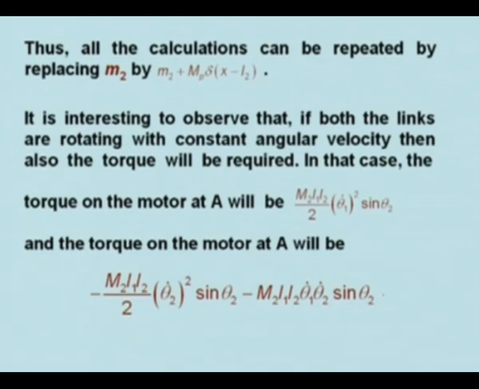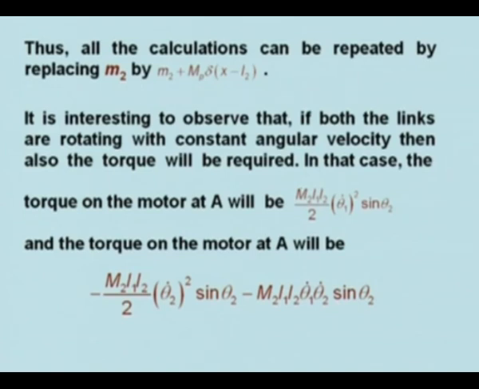So we see that although the links are moving with constant velocity, still that torque is required because of the second link, since we take the torque in a non-inertial system.